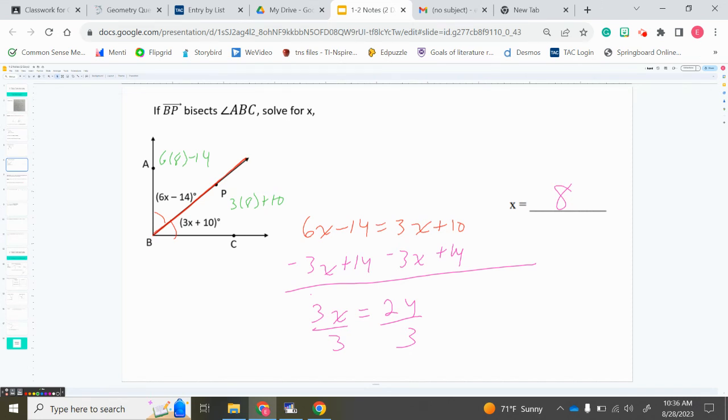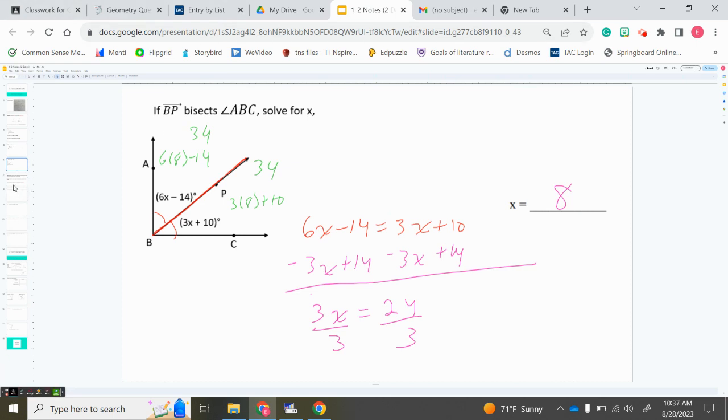Good. 34 each. Do those work? Yeah, because they end up being congruent. All right. How are we doing? Anything I can address so far before we move on to the next page? All right, flip it over.